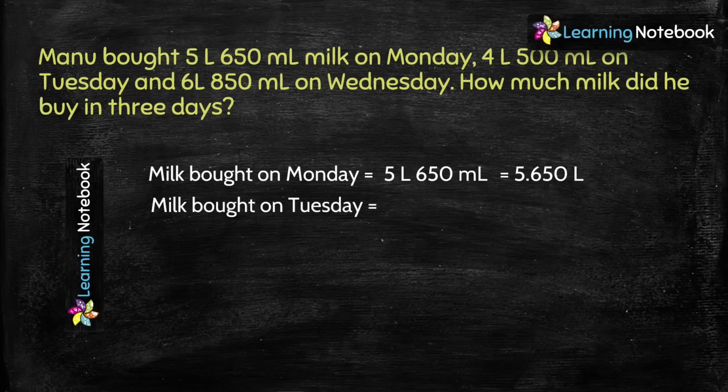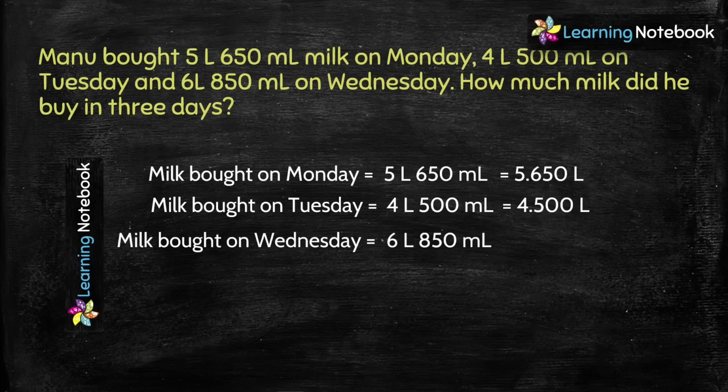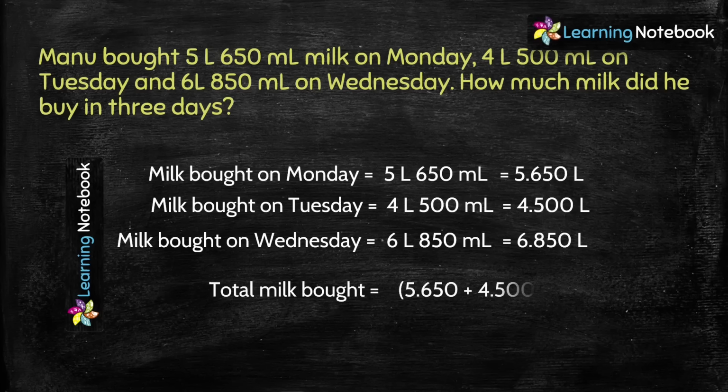Milk bought on Tuesday is given as 4 liter 500 milliliter, which can be written as 4.500 liters. And milk bought on Wednesday is given as 6 liters 850 milliliter, which is equal to 6.850 liters. So to find the total milk bought on these 3 days, let's add all these decimal numbers.